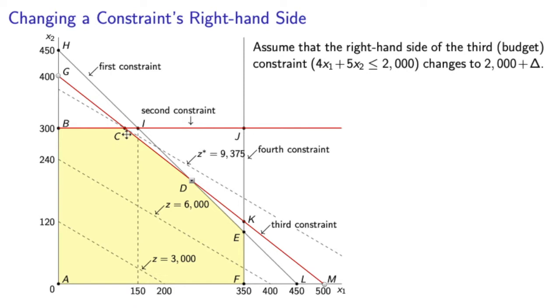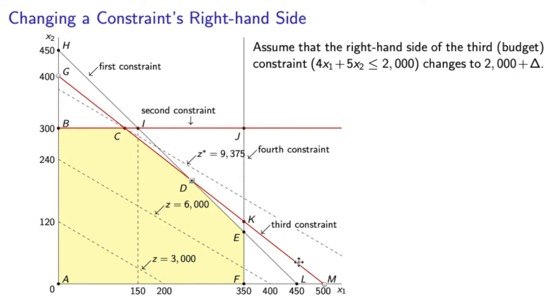So now, having agreed on what exactly we mean by point C here, so it's the point on the intersection of the lines defining the second and third constraints, what happens to this point C when we change the right-hand side of one of these constraints?